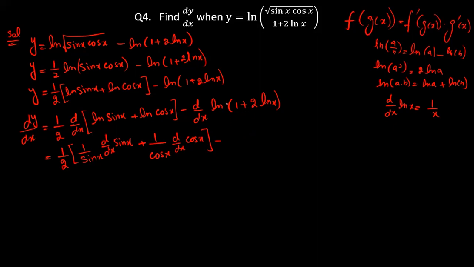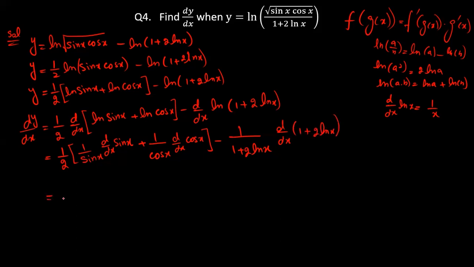Now for this side we will differentiate by the outside-inside rule. First we differentiate the natural log, which gives 1 by 1 plus 2 natural log of x, and then d by dx of 1 plus 2 natural log of x.